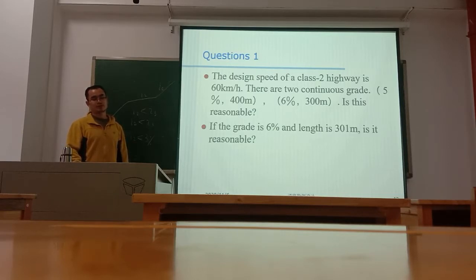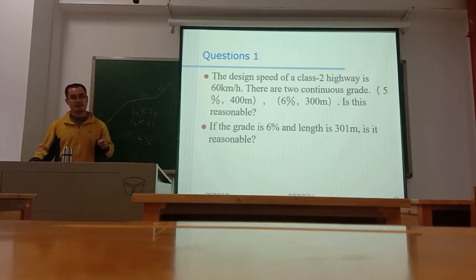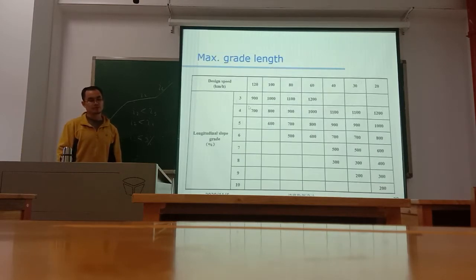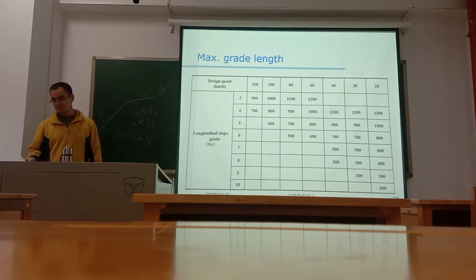If the grade is 6% and the length is 301 meters, is it reasonable? How? You should see the table, page 67, Table 3.7.